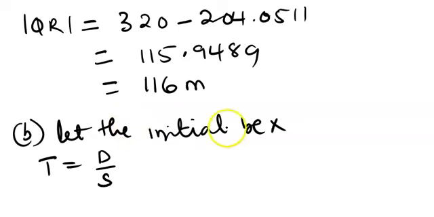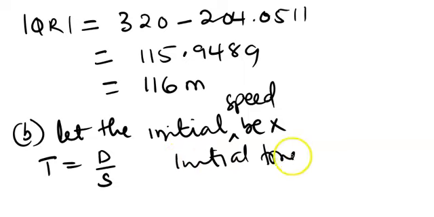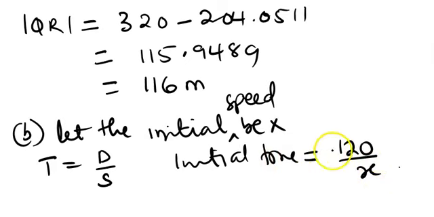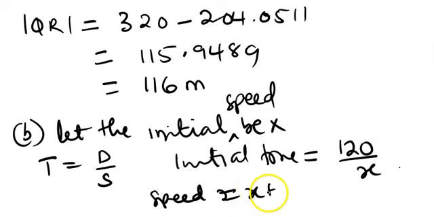So if the initial speed is x, the initial time will be 120 over x.